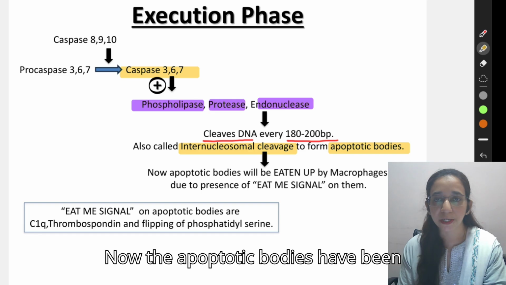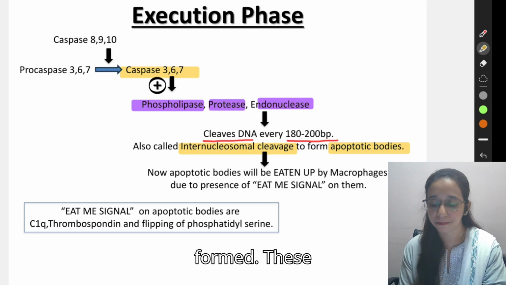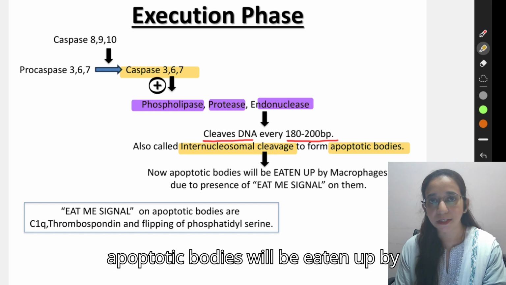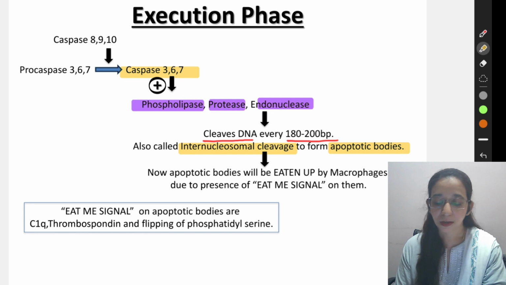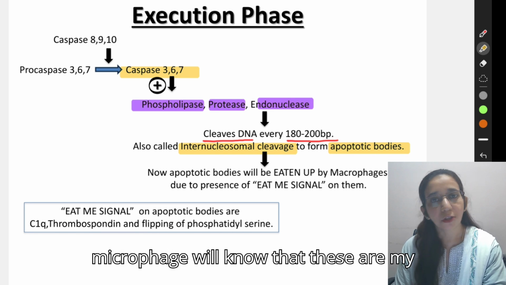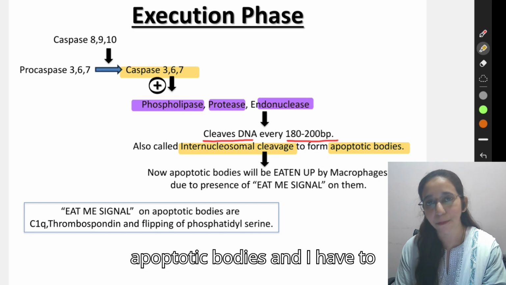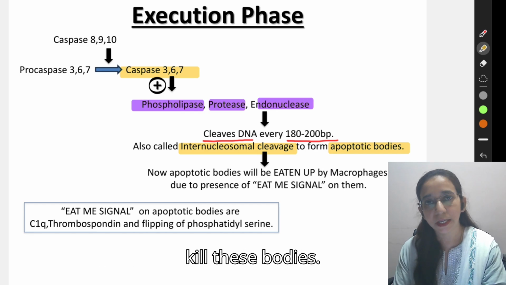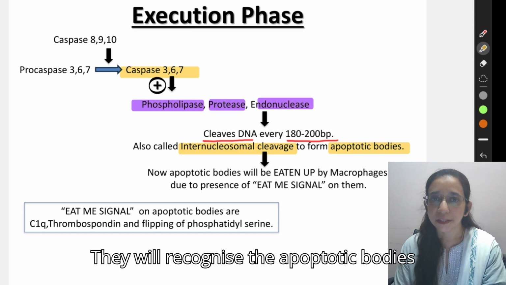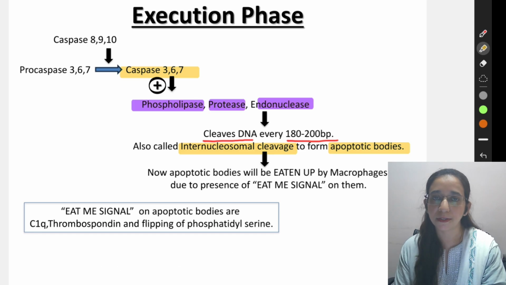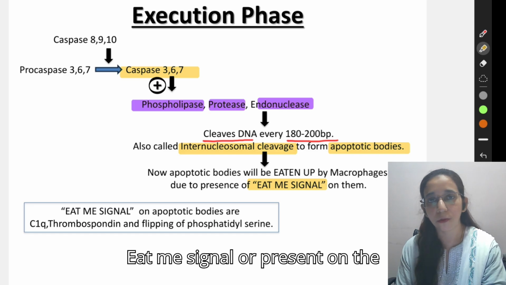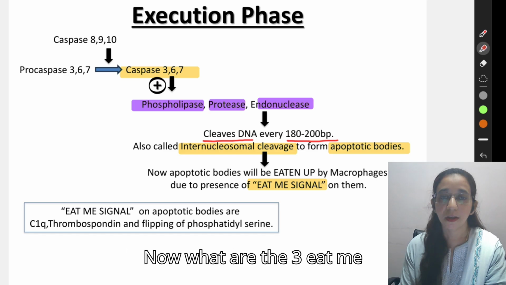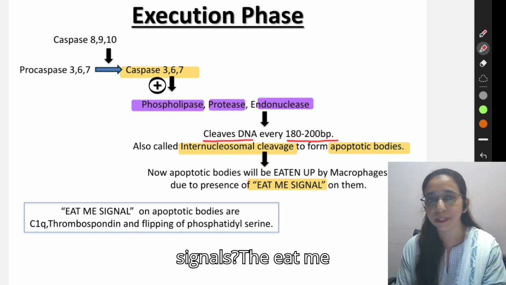Now the apoptotic bodies have been formed. These apoptotic bodies will be eaten up by the macrophages to clear them. Now the question arises, how will the macrophage know that these are apoptotic bodies that it has to eat? They will recognize the apoptotic bodies by the presence of a signal called the eat me signal. Now what are the three eat me signals?